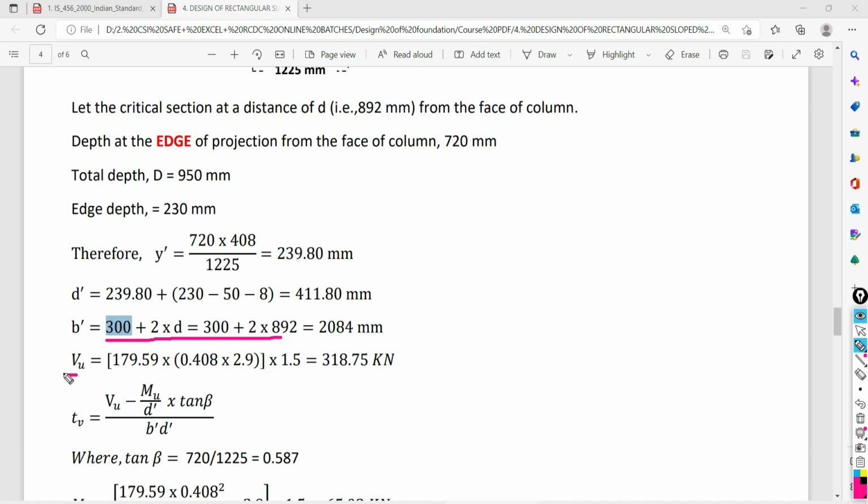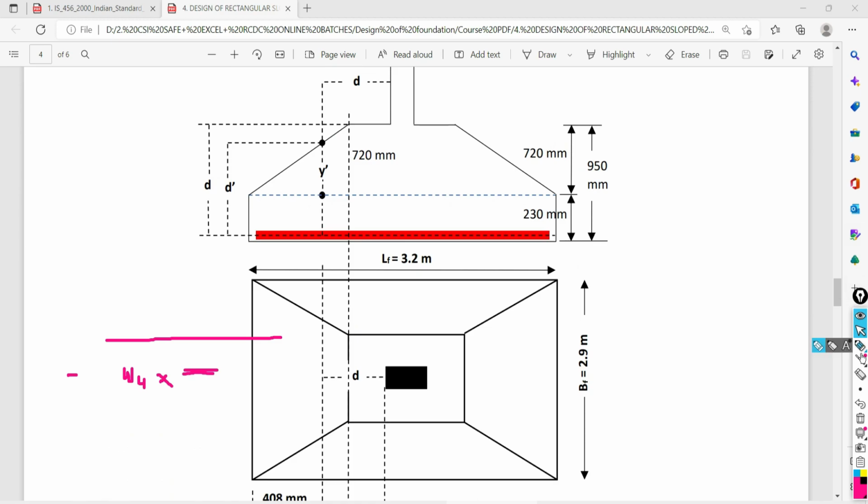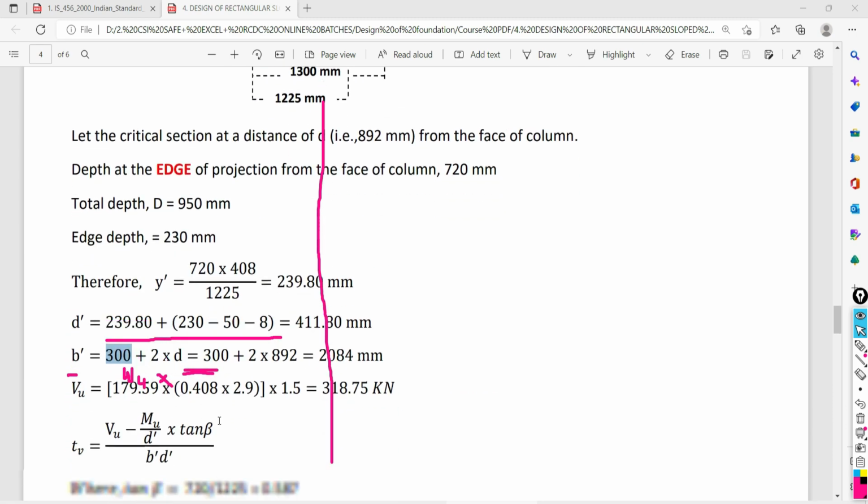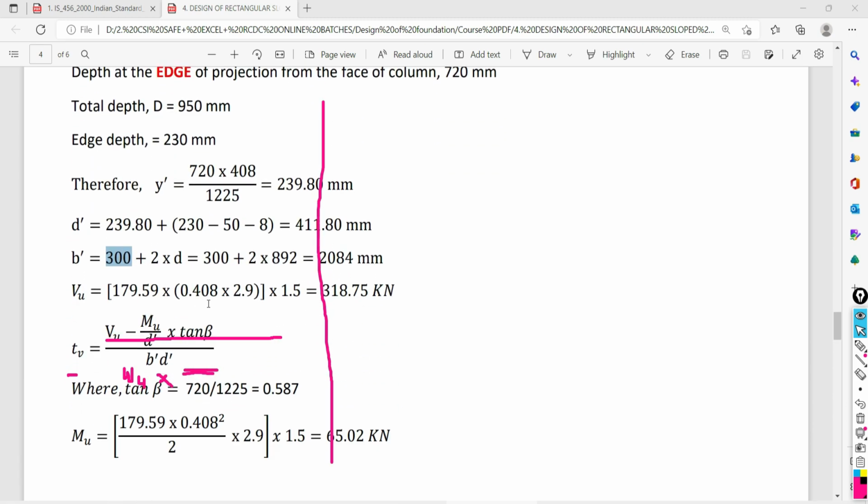Now the shear force at that critical section is going to be what? 179.5, that is the upward soil pressure, multiplied by the projection beyond the critical section. So this is our critical section, and the projection is 408 mm. In meters it is 0.408, multiplied by the full width.